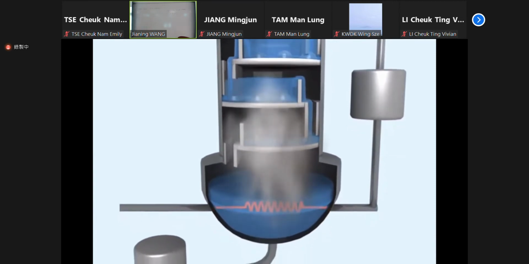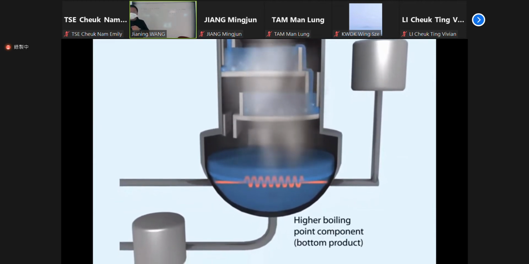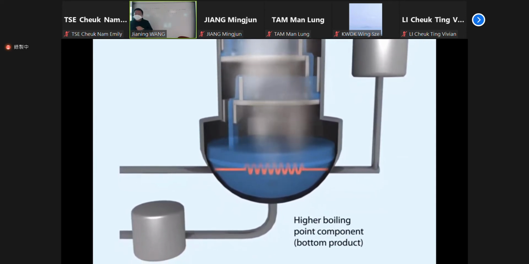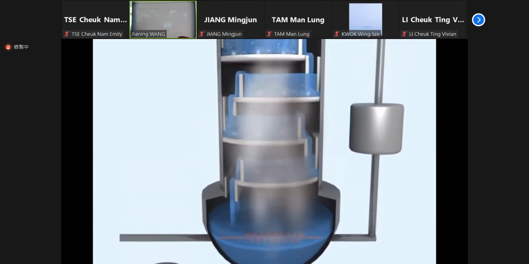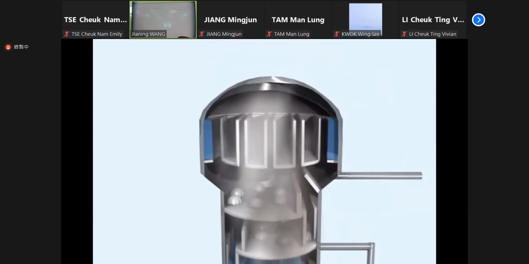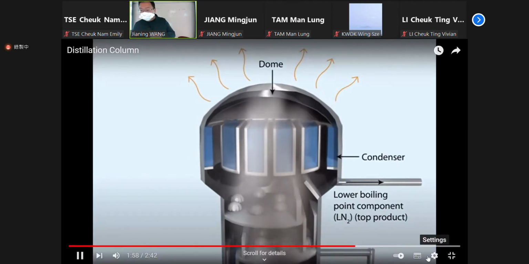This is an industrial distillation tower, and we use this concept to measure the efficiency of the column. If the real distillation tower has many plates, we have many more distillation steps. If we only have one plate, we can only distill one time. This is the basic concept.